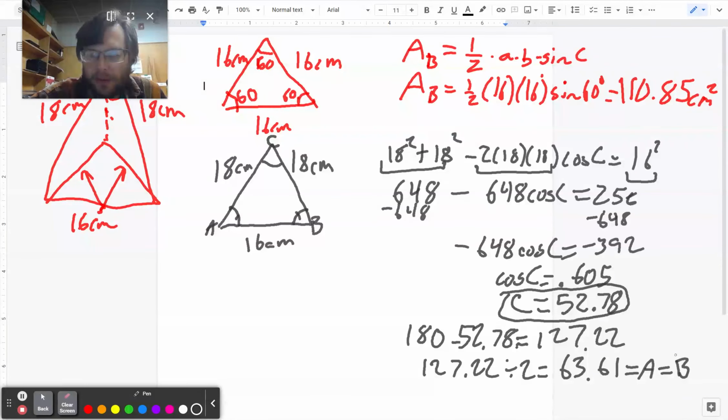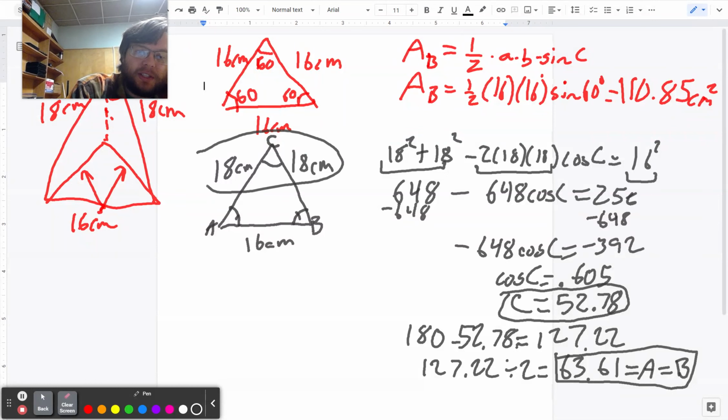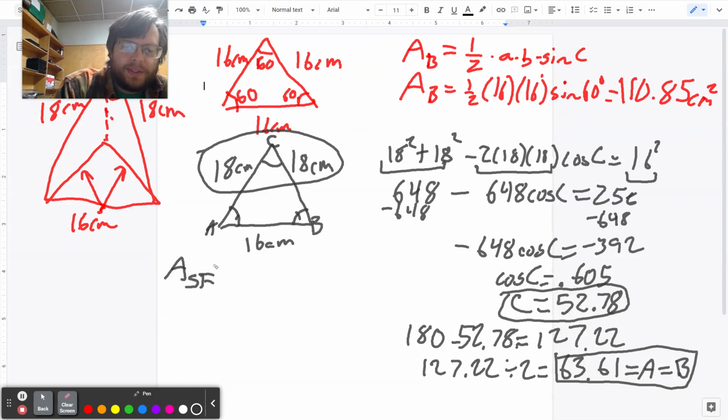So we can use angle C along with the two sides of 18 here to find the area of, we'll call it a side, or maybe a slant face. That's going to be 1/2 times A times B times sine of C.